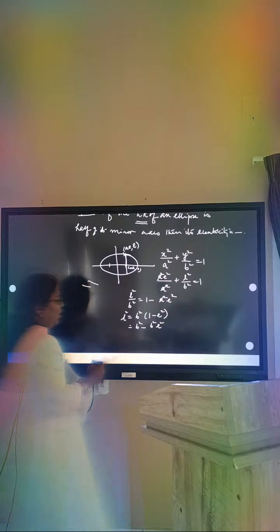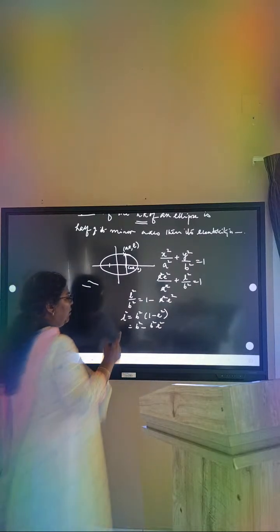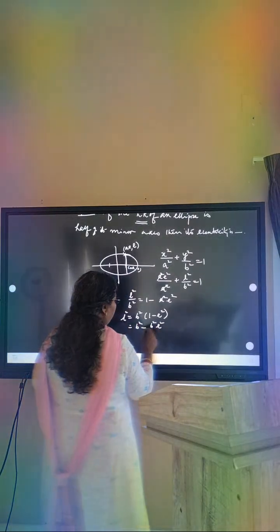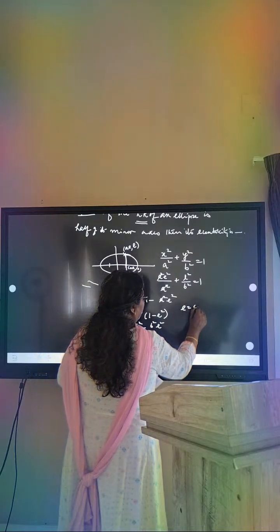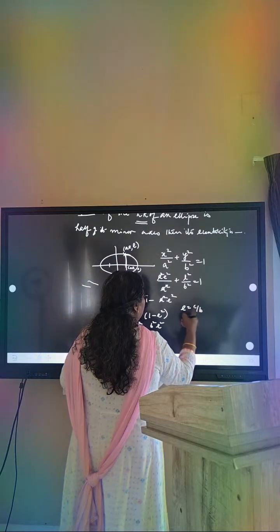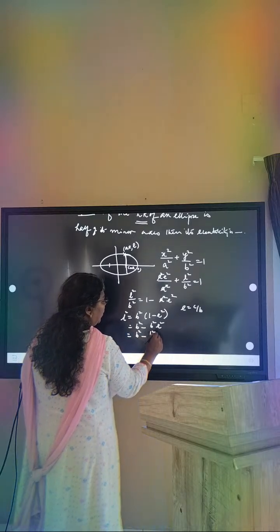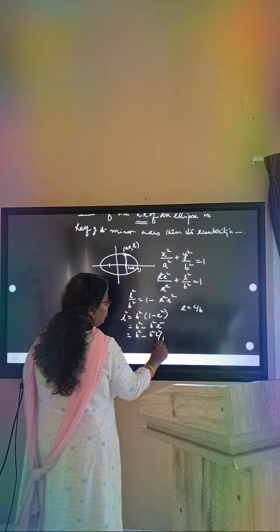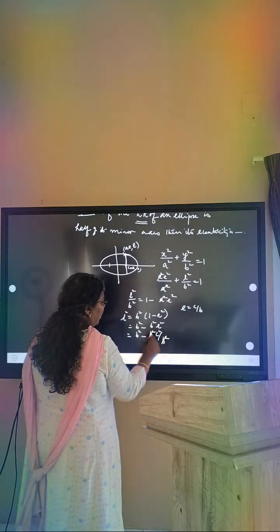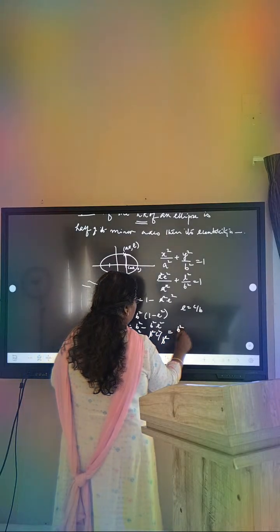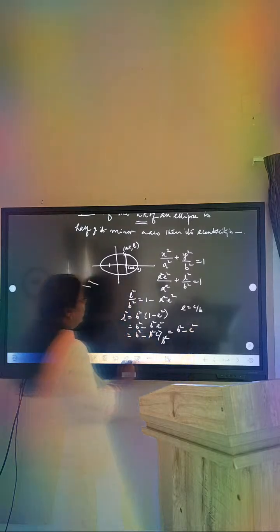But what is 1 minus e squared? E is equal to c by a. Therefore this is b squared minus b squared into c squared by a squared. So a squared gets cancelled and therefore it is equal to b squared minus c squared.